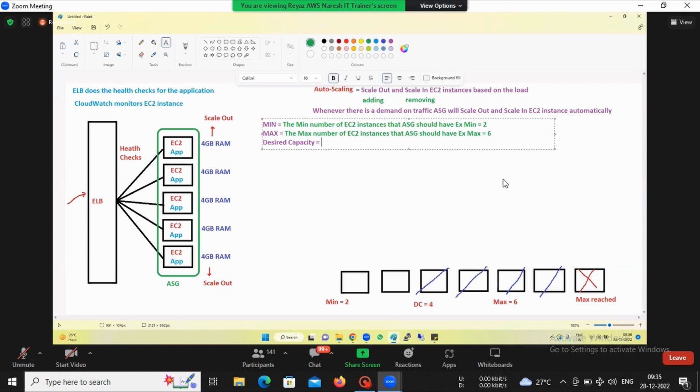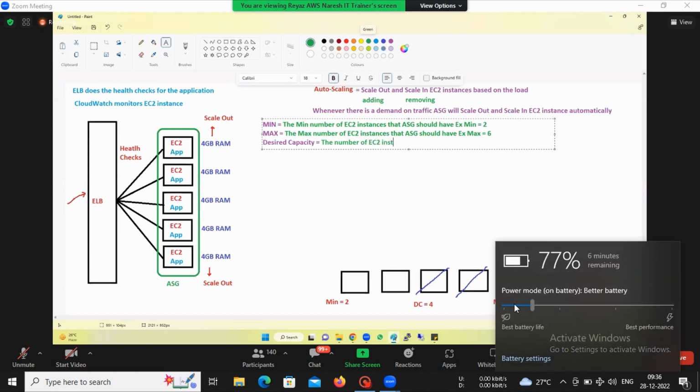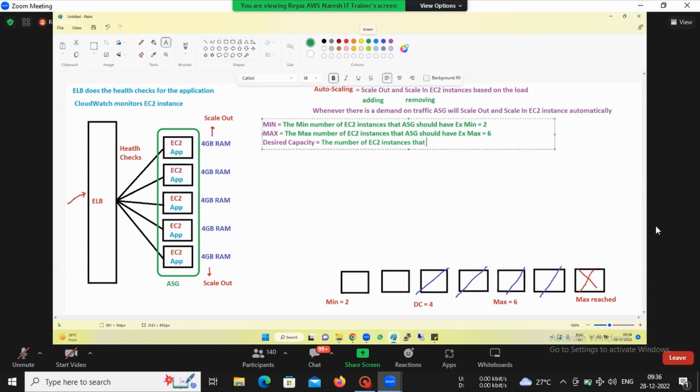Desired capacity means the number of EC2 instances that you wish or desire to launch initially. That is called desired capacity. Is it clear till here, everyone? Slowly, smooth as butter.